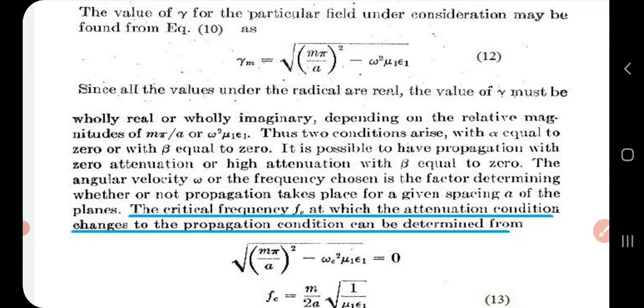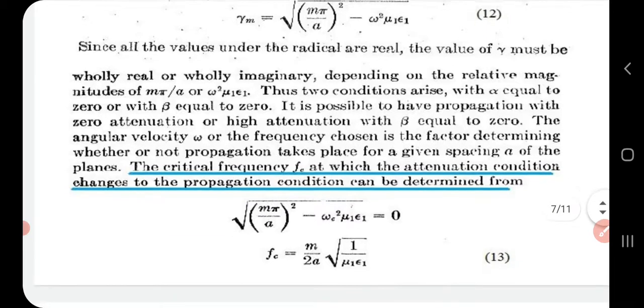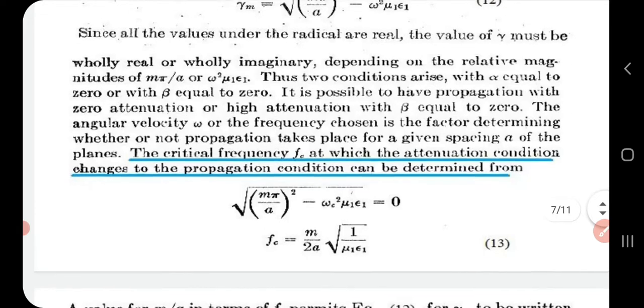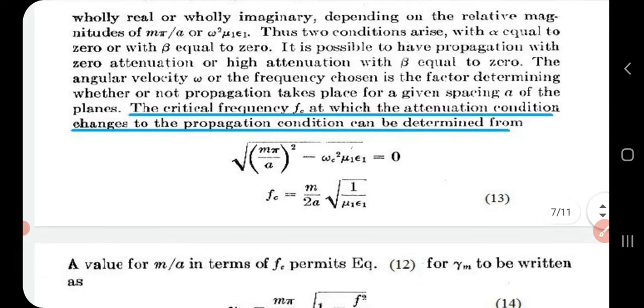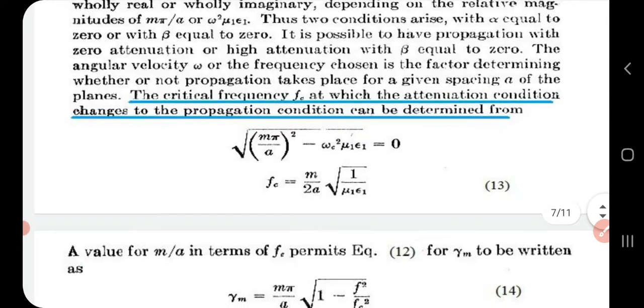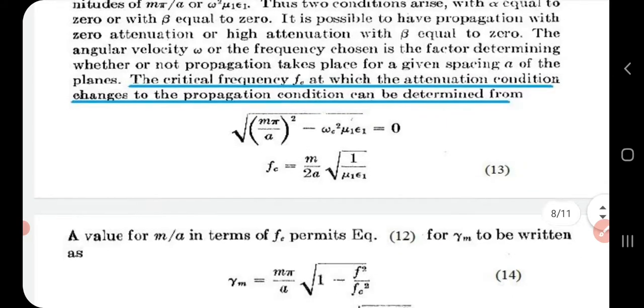The angular velocity omega or frequency is a factor determining whether or not propagation takes place for a given spacing a of the planes. Now the critical frequency fc at which attenuation condition changes to the propagation condition is determined from the equation. So this equation 13 is the expression for critical frequency.